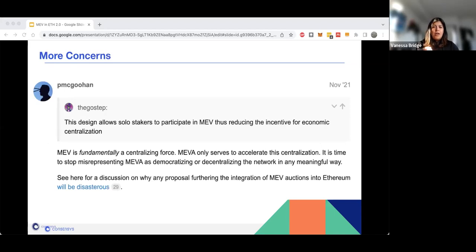And people are very vocal about it. There's definitely concerns that MEV is not just this great opportunity to extract money, but also it's creating centralization points within the blockchain. And it's something that should be built against, trying to prevent. So there are two schools of thought in this. One is MEV is great.